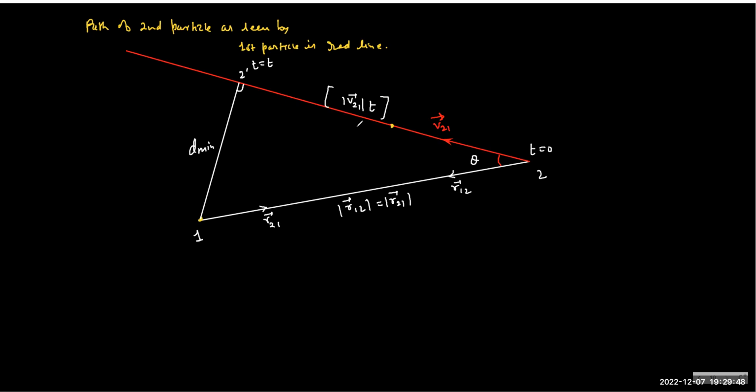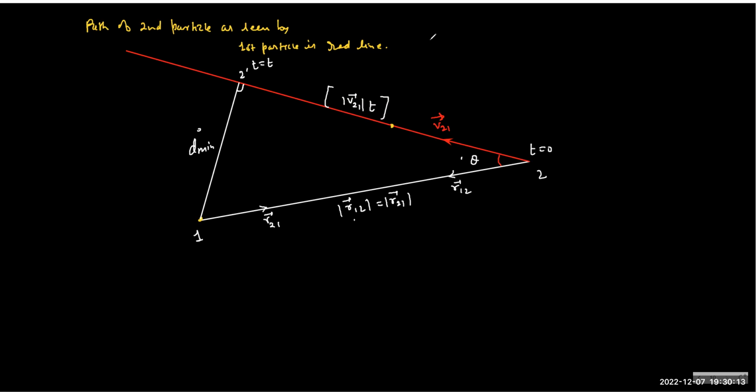What happened to you guys? You know sine, cos, tan. So what is the relationship between D minimum, theta and this? Okay, you can't see the triangle like this, right? You are only okay with this kind of triangle, isn't it?